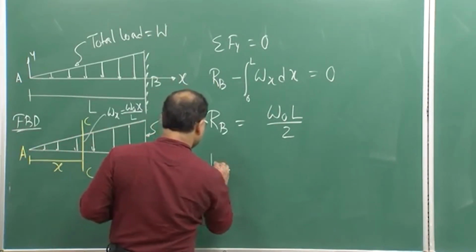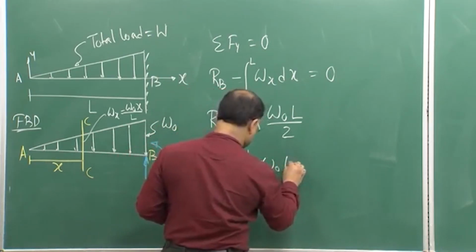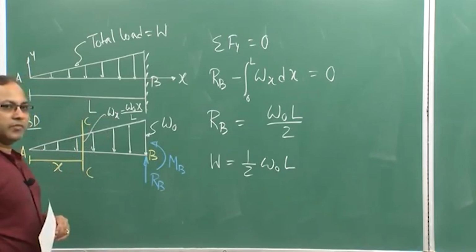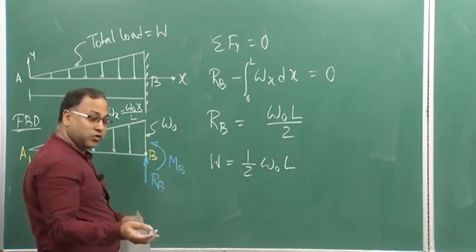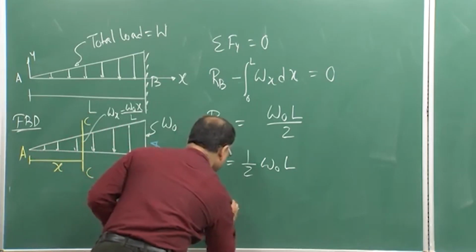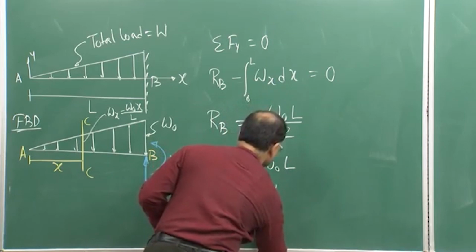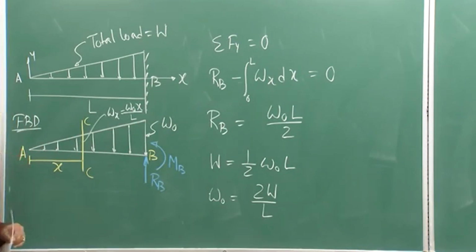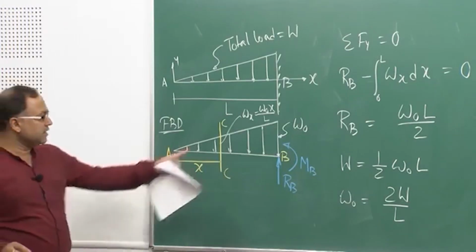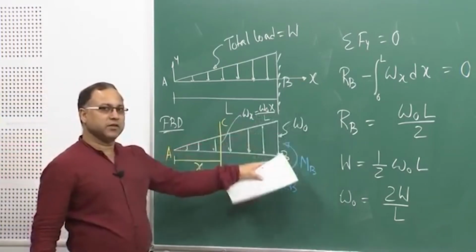Your capital W is half into W naught into L. This is the area of the triangular distribution, and that is the total load. So, from there I can find W naught is twice W by L.